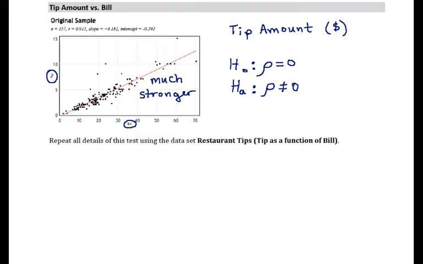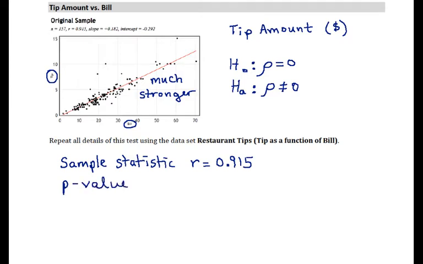So we get our sample statistic is r equals 0.915. My p-value, it's 2 times 0.000, right? Because I have a two-tail test. But that's still 0.000.